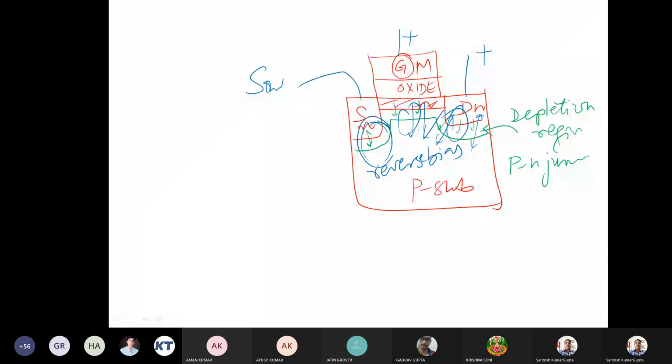But near the source, we have something like this, because this is the lowest potential. At most, we don't apply anything here. We can also reverse bias this, but we cannot forward bias this. The safest case is to connect the source and substrate together at the minimum potential.